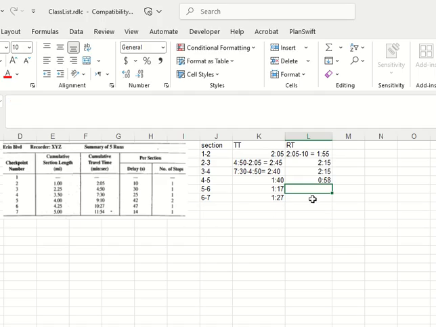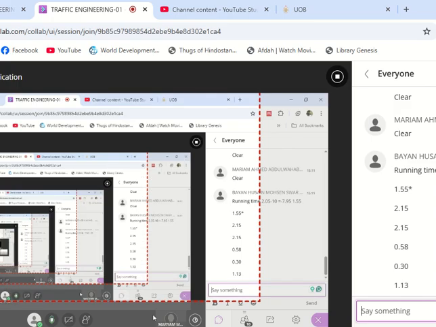Then 117 minus 47 is 030, and 127 minus 14 is 113. Okay, so everything is same, right? No problems.